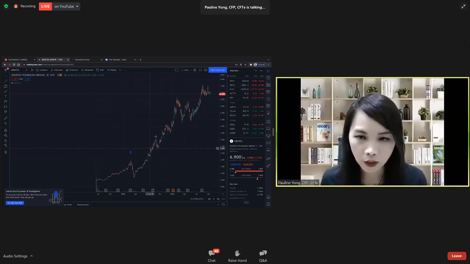What I want to say is that when you're looking at here, you see the extended wave number one here. So I count it loosely. I say 1, 2, 3, 4, 5. A small retracement here, and then I lump it together, because otherwise this wave number three is actually too short.